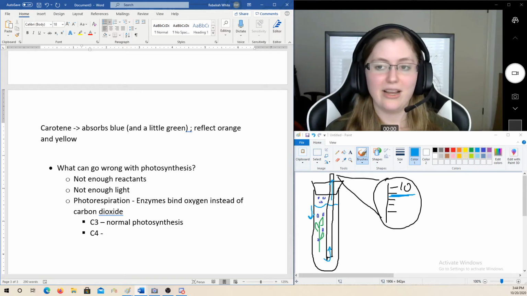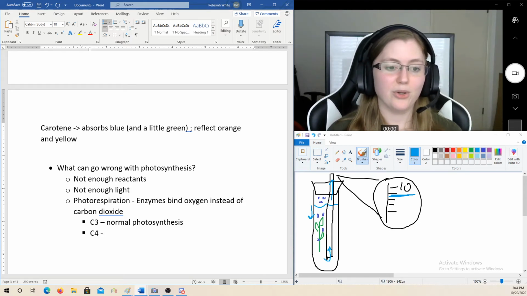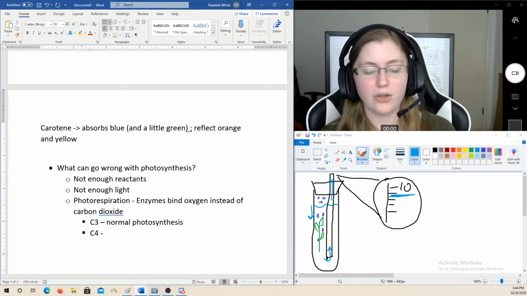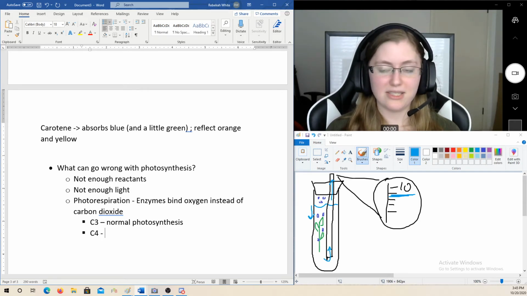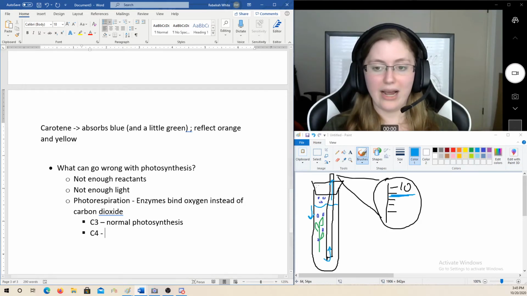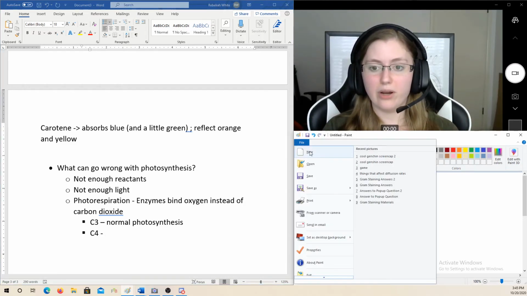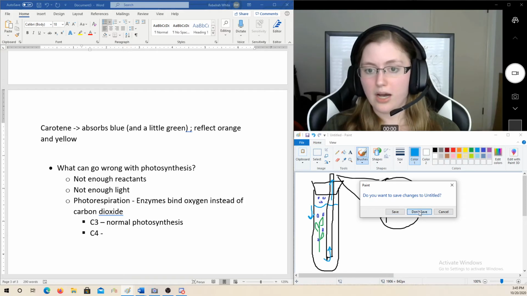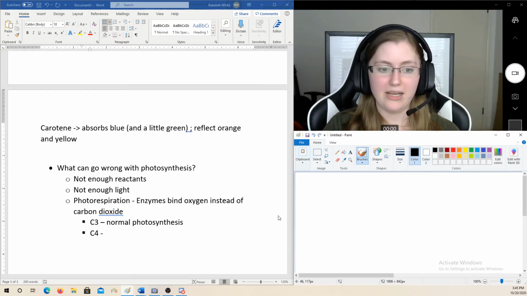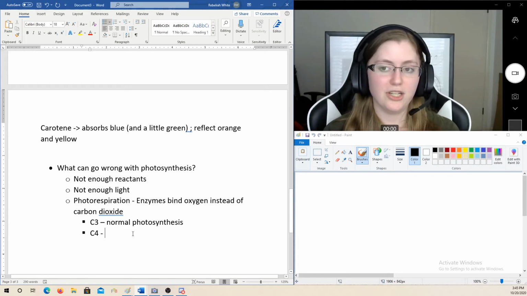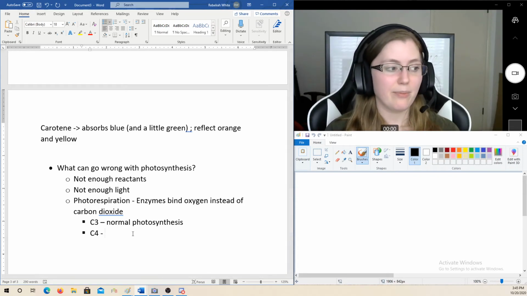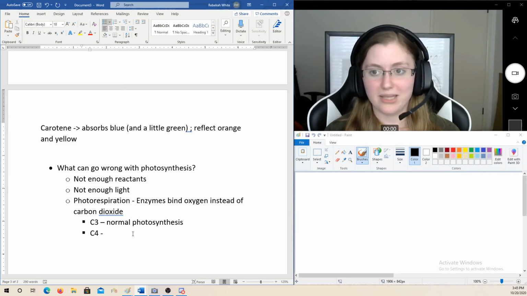So the C3 uses a 3 carbon molecule and the C4 uses a 4 carbon molecule. Now, the big picture of how C4 plants avoid photorespiration is that the C4 plant separates its photosynthesis from its oxygen exchange physically. It separates them by putting them in different places.